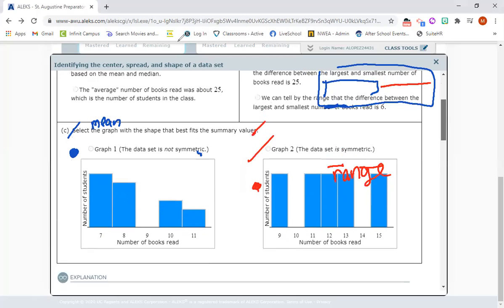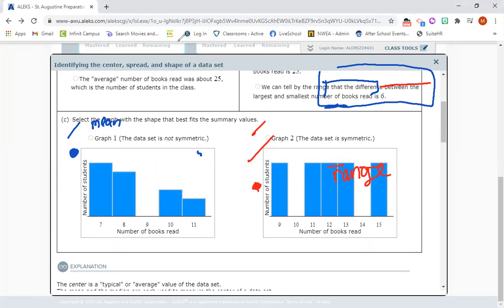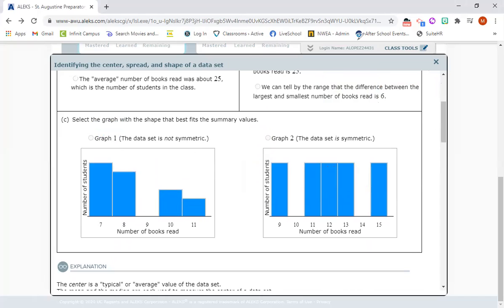Now let's look at what this data set could look like in a graph. Let me clear my drawings. Select the graph with the shape that best fits the summary of the values. So it says this data set is not symmetric, this one is. That's not really what I look for to see if it makes sense.